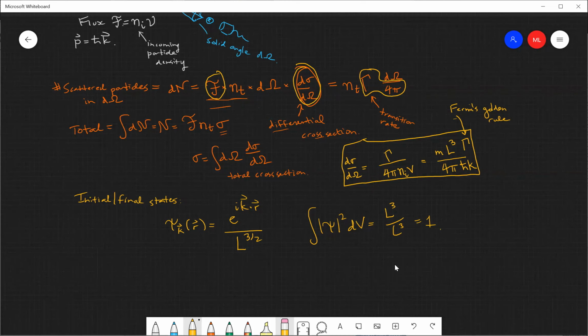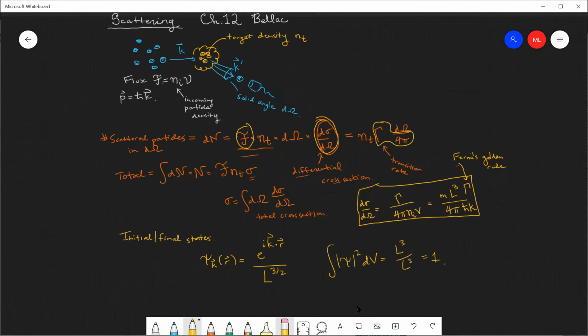That's another way of checking you have it right: your answer for something like the scattering cross-section shouldn't depend on what big box you put your whole system in. So that's the idea.